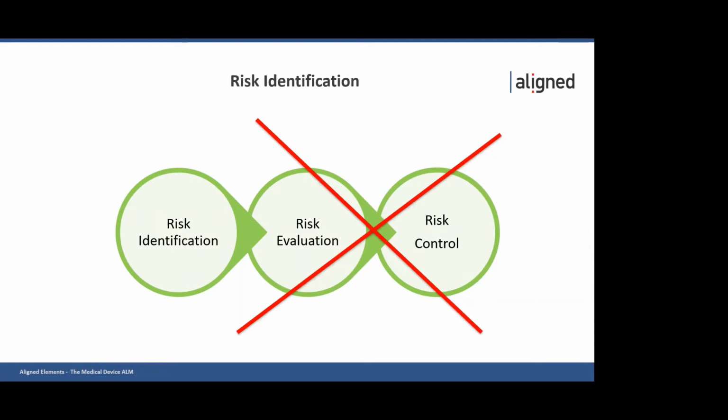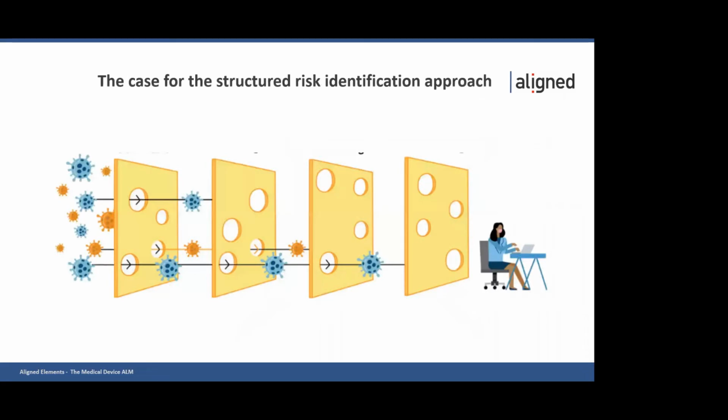Today, we're not going to talk about the second two. We're going to focus on risk identification, because what I want to talk about is different methods for performing risk identification. And I'm going to suggest a structured approach and one that is also multi-tiered.